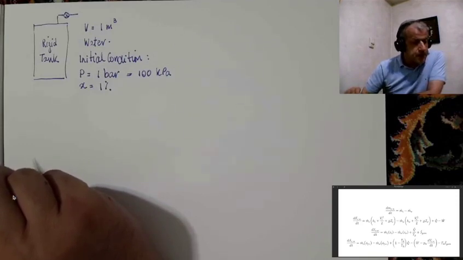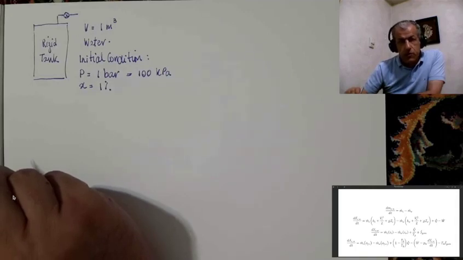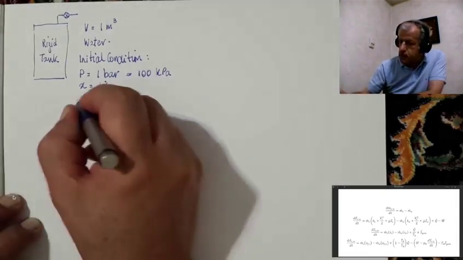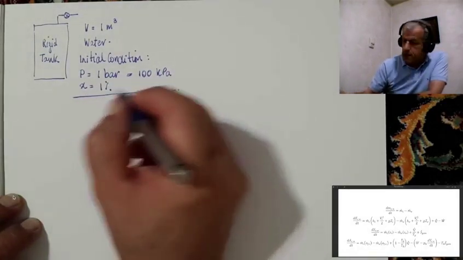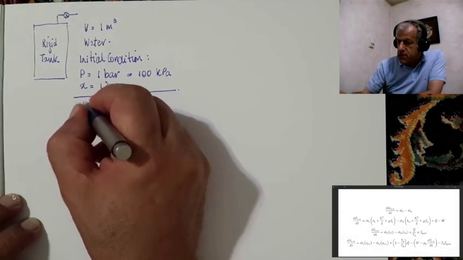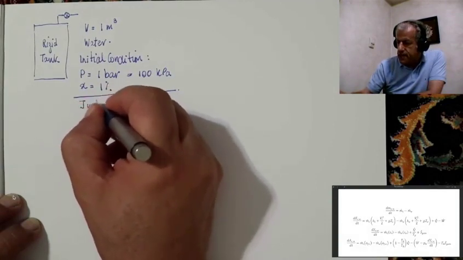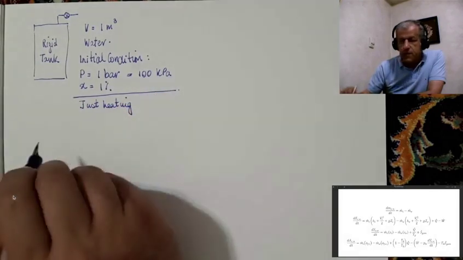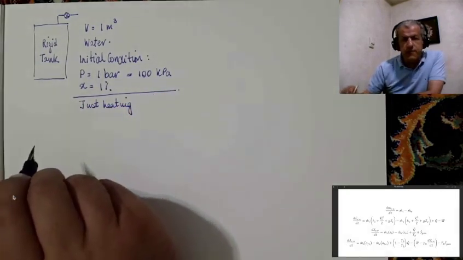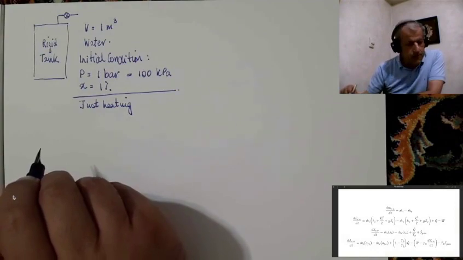Then two processes happen to the steam inside the tank, to the water inside the tank. The first case is just heating. We have a solid tank and we just heat it.